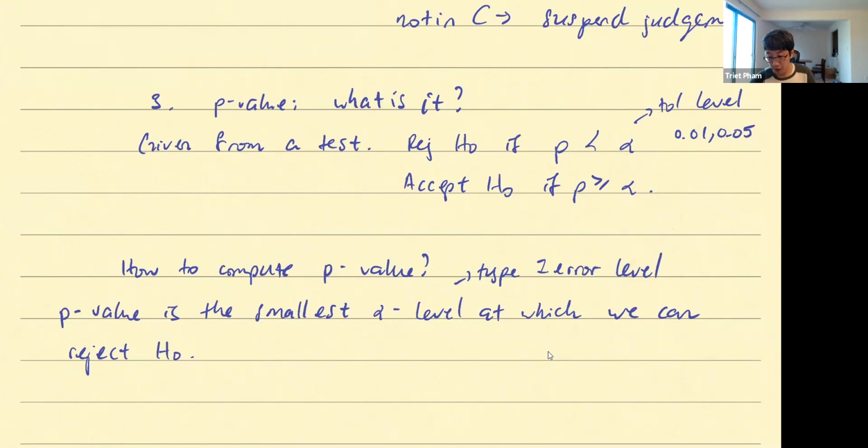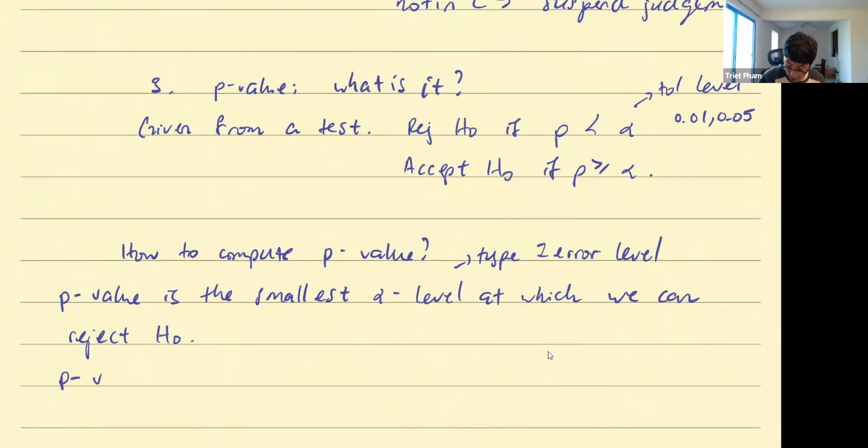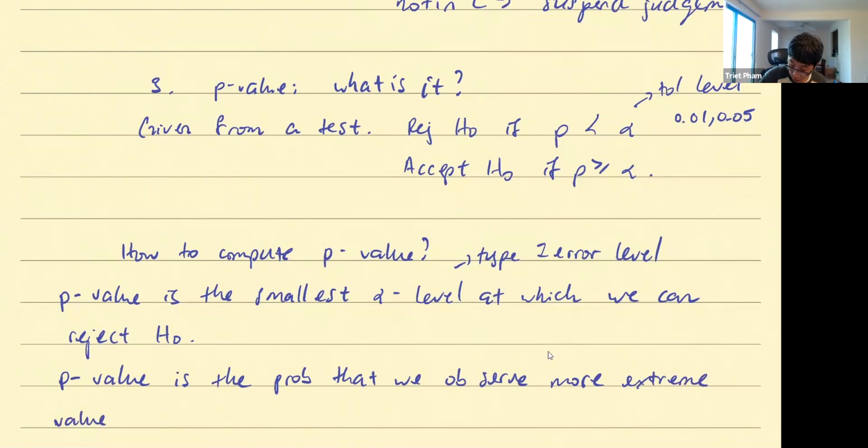Anyway, I still find this definition a bit mysterious, which is fine. You should keep that in mind. The definition that you actually will find on the internet, or actually the more down to earth version, is this: the p-value is the probability that we observe more extreme values than our test statistic.